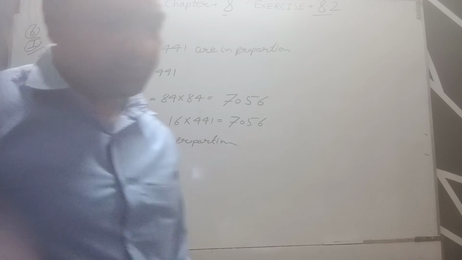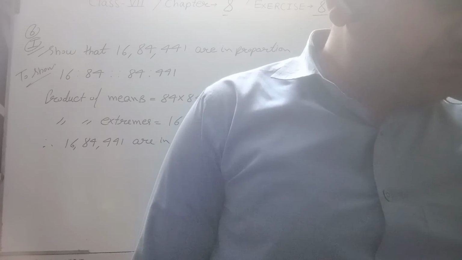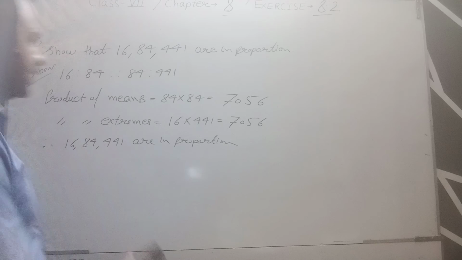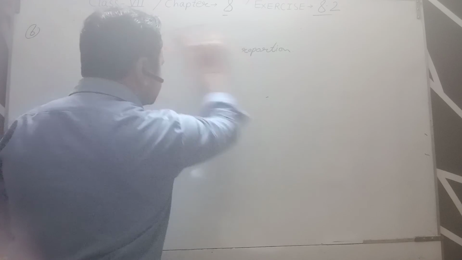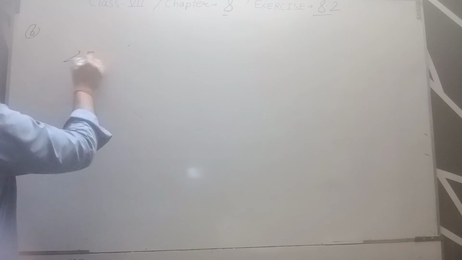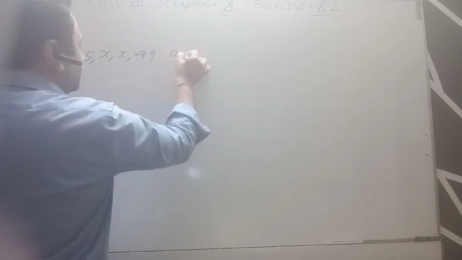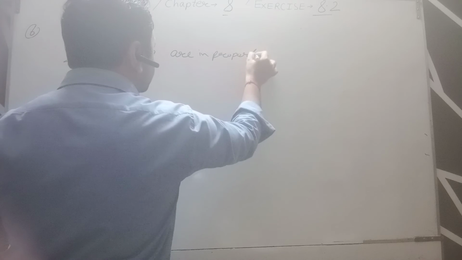In the remaining 2 parts, we have to find the value of x. We use the same concept. We just note down the second part. In the second part, we have to find the value of x, and 25, x, x, 49 are in proportion.